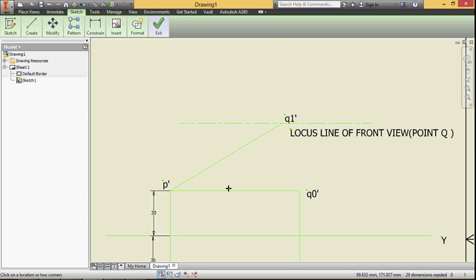So P dash Q1 dash is true length that makes an angle of 30 degree with the reference line.